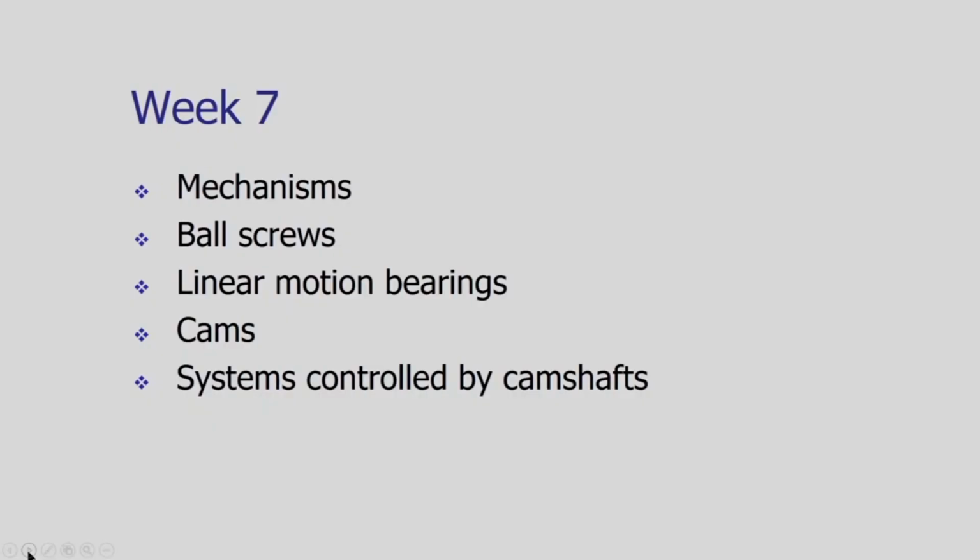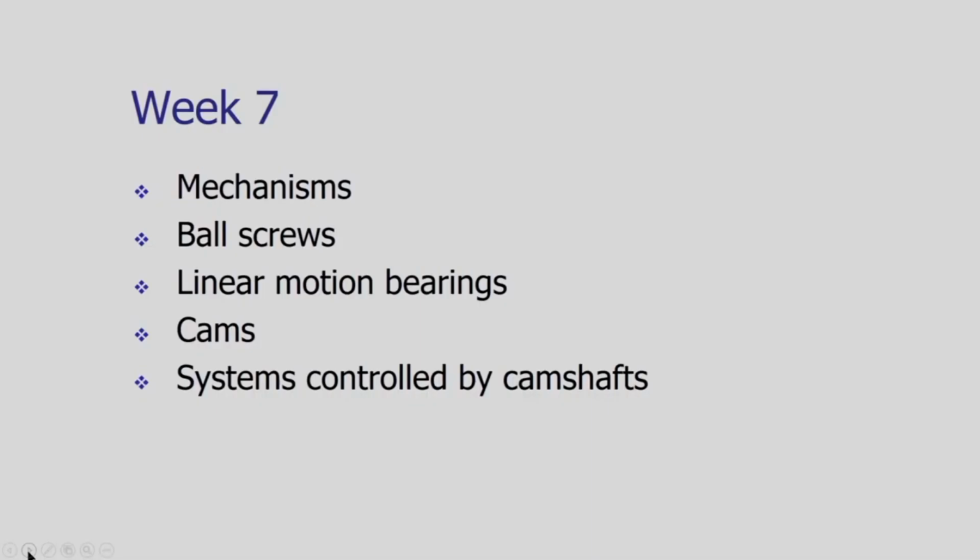In week 7, we will be studying the various mechanical systems or mechanisms which are required in the development of an automated system. In lecture 1 of week 7, we will be studying the introduction to mechanisms, and a detailed discussion on the constructional details of ball screws and their advantages will be carried out.